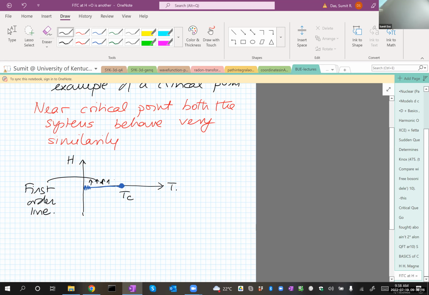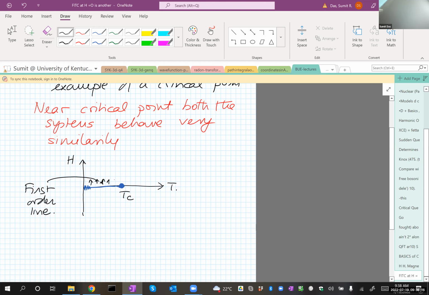So we need to find the minimum of U of m. Now these things are coefficients, and you must have noticed I have made these coefficients functions of temperature.